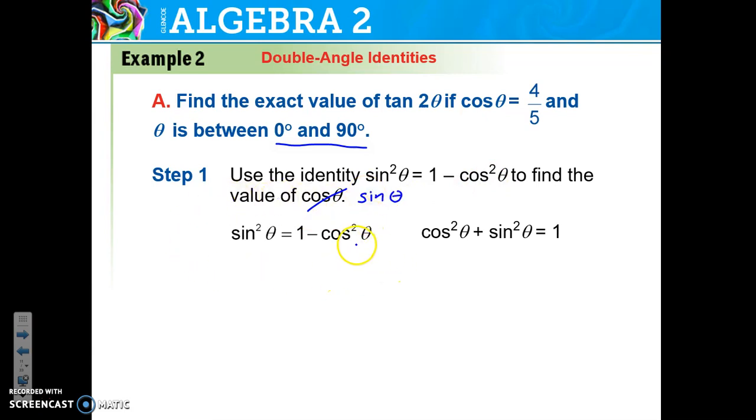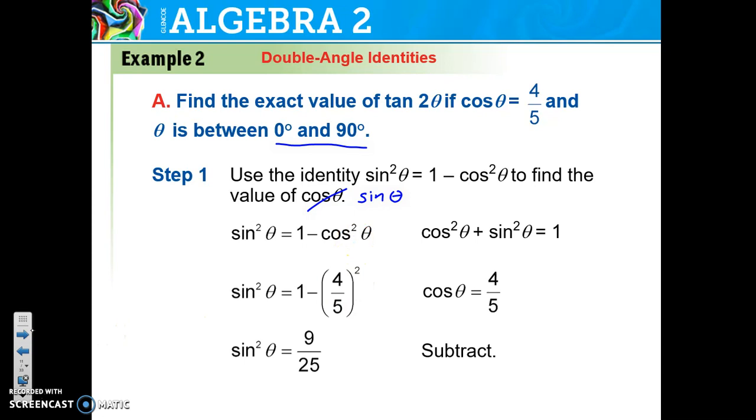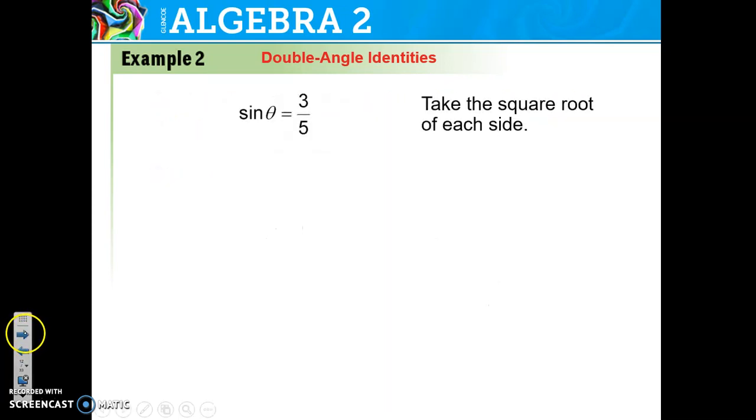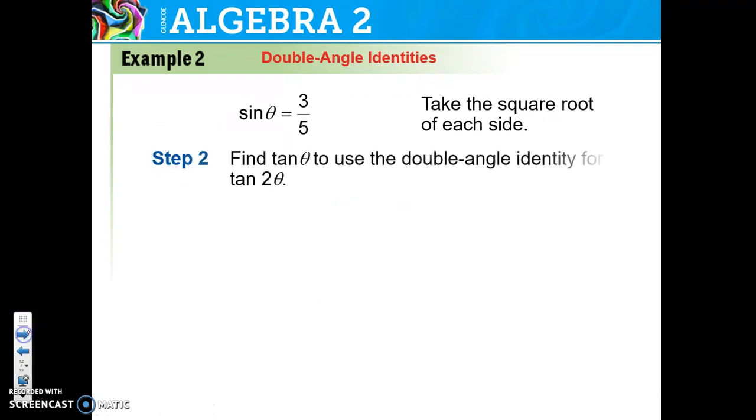Sine squared is 1 minus cosine squared. That comes from one of the Pythagorean identities. So I know that cosine is 4/5. I square it and do 1 minus that. So I end up with sine squared is 9/25. So sine is 3/5. Again, I'm taking the positive sign because I'm in the first quadrant.